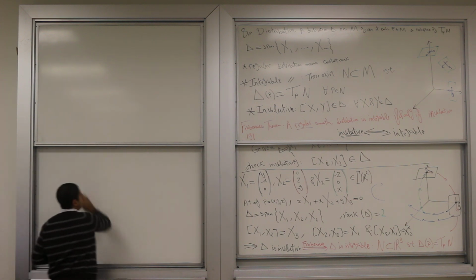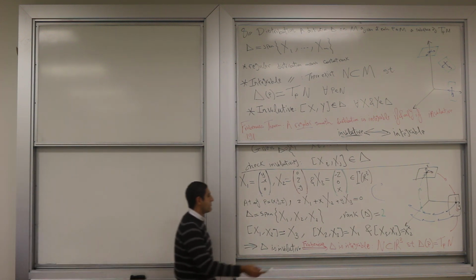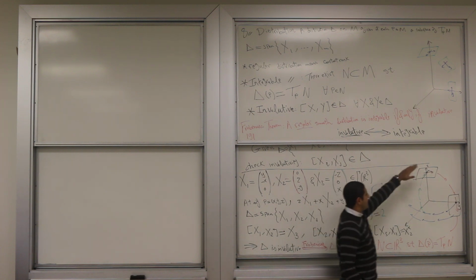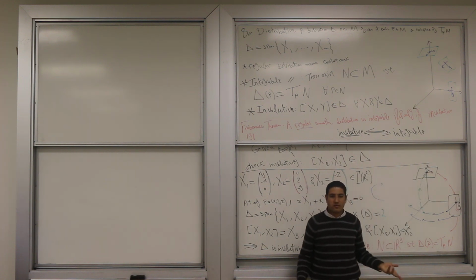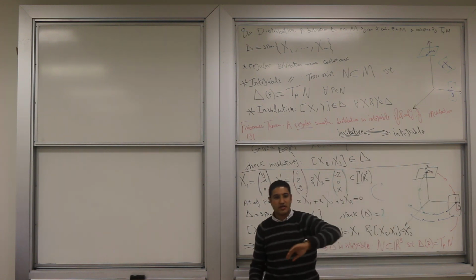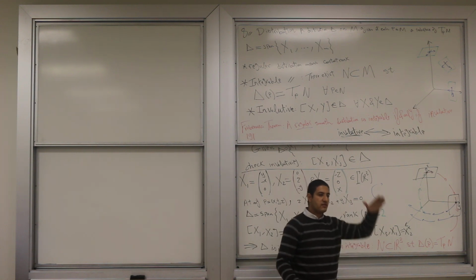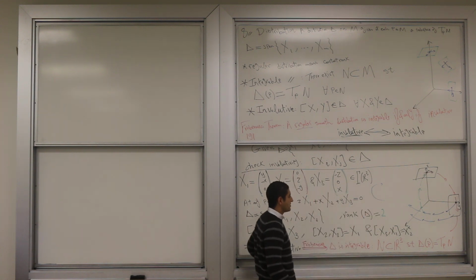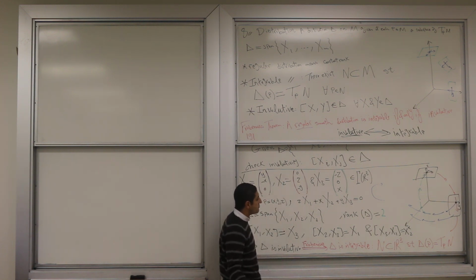So you guys think that this is obvious. You have a plane at each point, so why not integrate these planes and get a surface, so that this plane is always tangent to that surface? In other words, I have 3 degrees of freedom, but I'm allowed only 2 velocity vectors at a time.